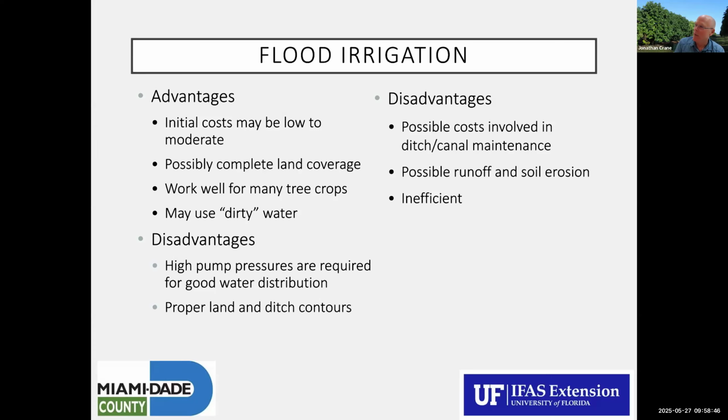And again, you need to have the proper land and ditch contours. Disadvantages, possible cost, as I mentioned, with putting that infrastructure in, the beds and the canals and the ditches. Also, some possible runoff and soil erosion, and it tends to be inefficient in regards to how evenly distributed the water is.